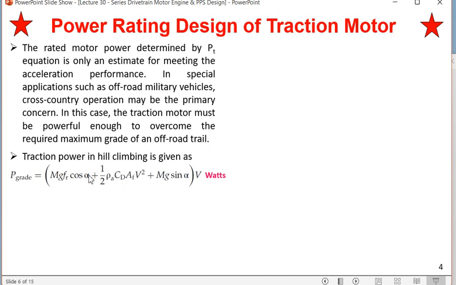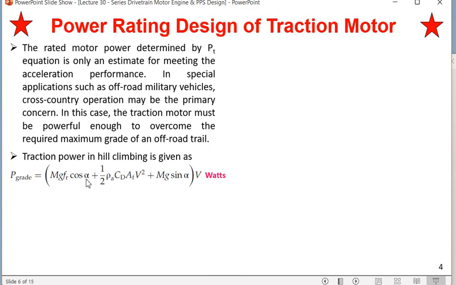So in that case, how much will be the traction power? Previously we did not consider the alpha value. In this case we are considering the grade power. That means whenever the vehicle is going to cross some hill, inclined going up, how much will be the power required by the vehicle? So it is mgfr cos alpha. This is called the rolling resistance component.